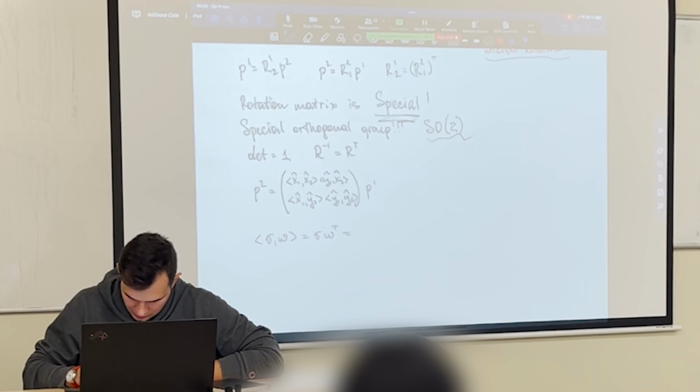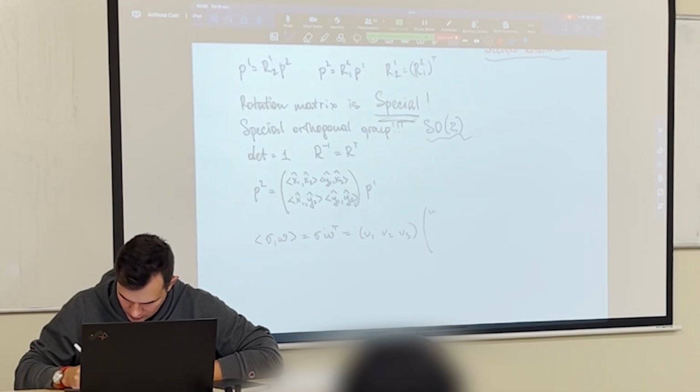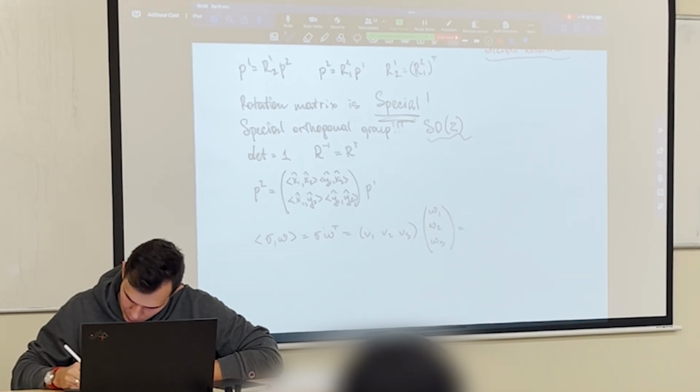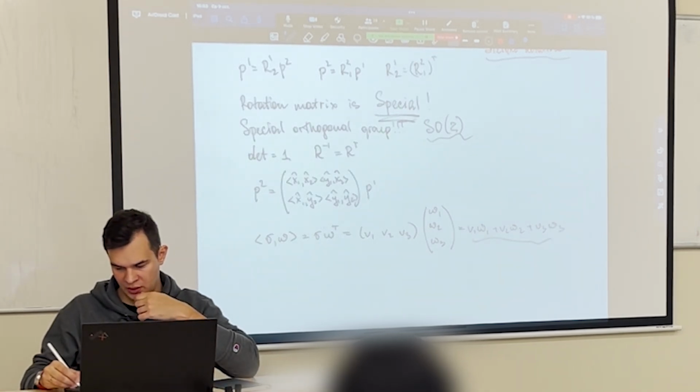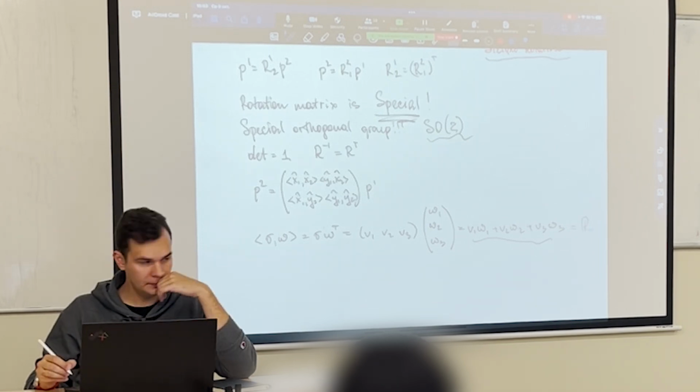A row v1, v2, v3 times a column omega 1, omega 2, omega 3 equals v1 omega 1 plus v2 omega 2 plus v3 omega 3, which is a scalar.